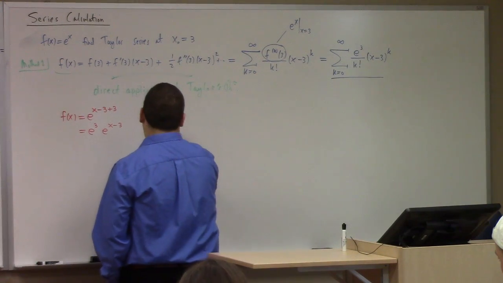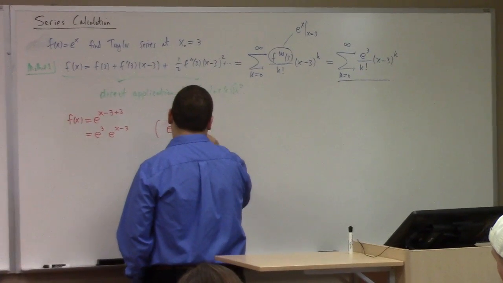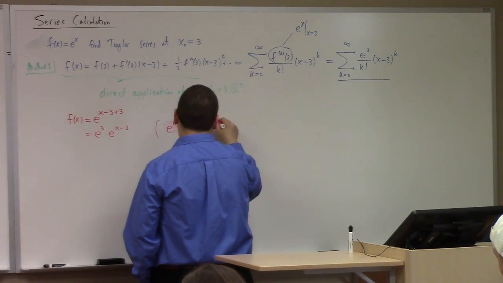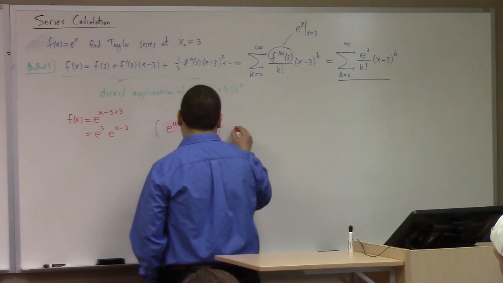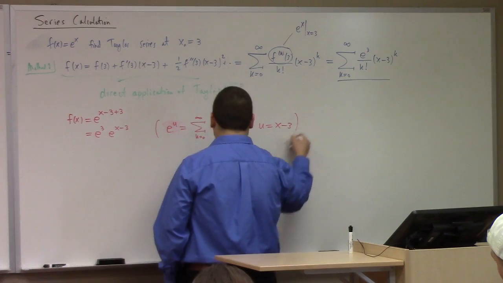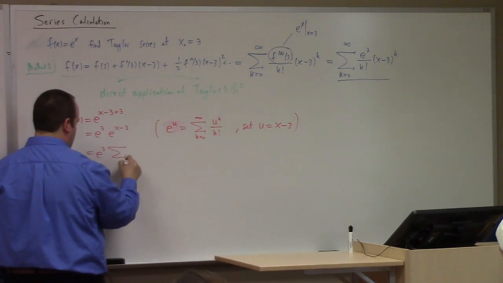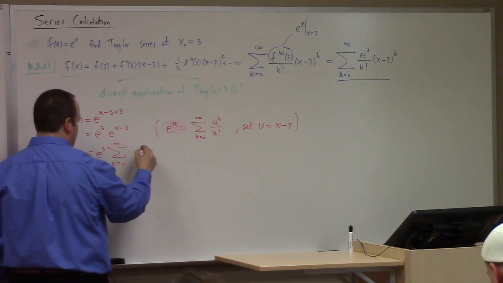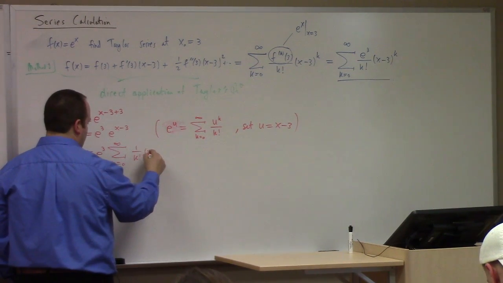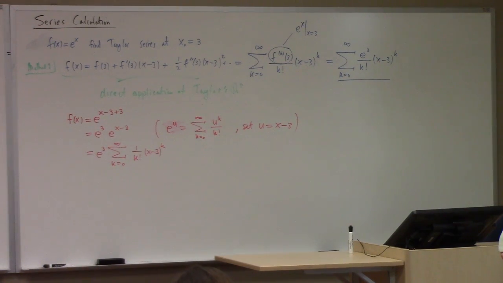So I already know that e to the u is the sum k equals 0 to infinity of u to the k divided by k factorial. So I just set u equals x minus 3, and I'm good. So this is e to the third power times the sum, k equals 0 to infinity of 1 over k factorial, x minus 3 to the k. And then you just bring the constant inside, right? And that's the same answer.